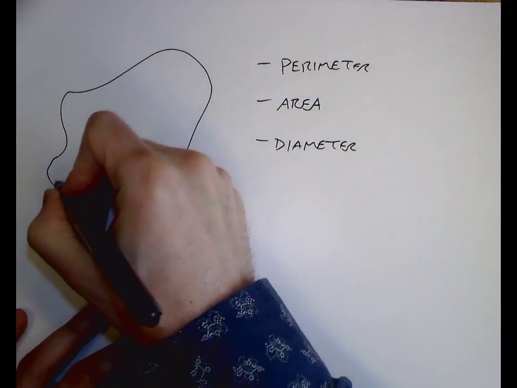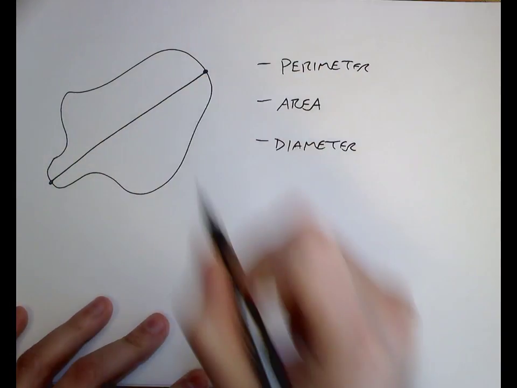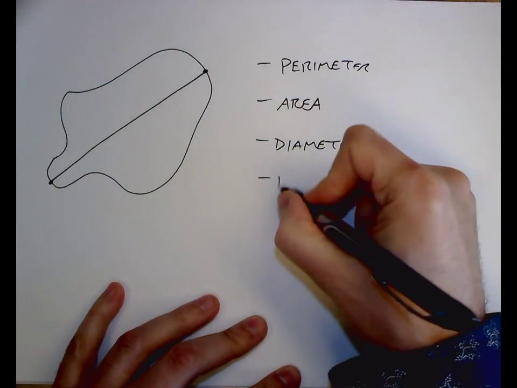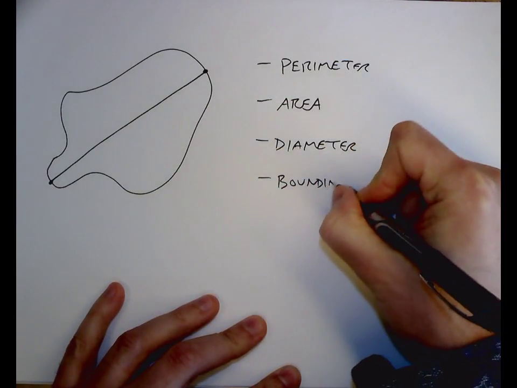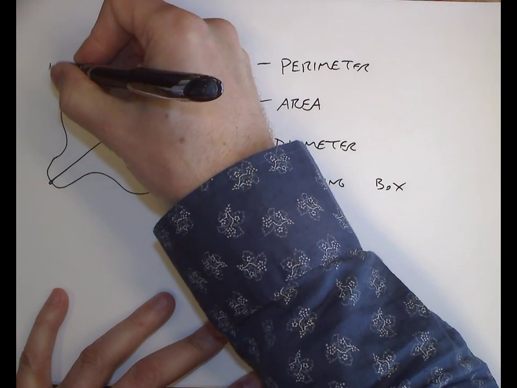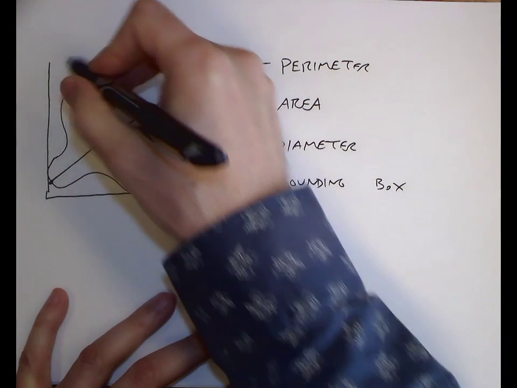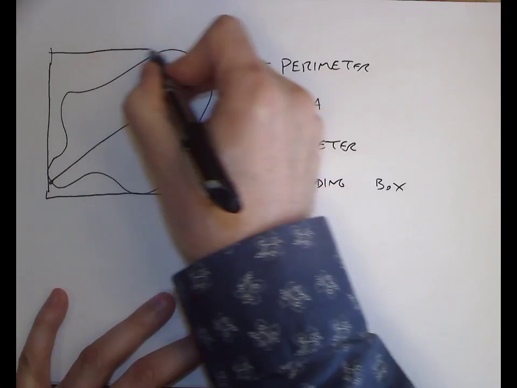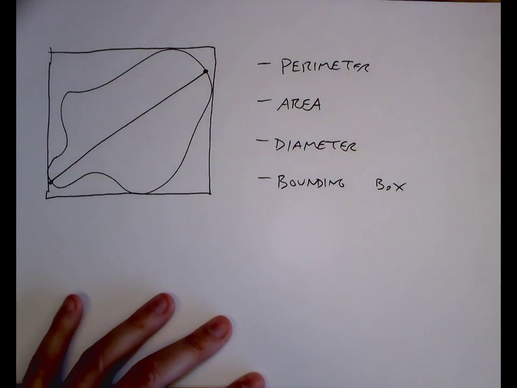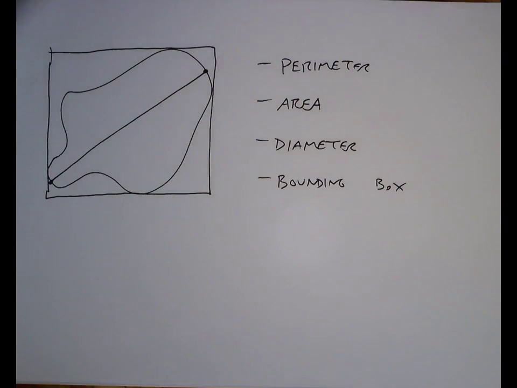So the diameter would be basically the longest path between two points that are on the boundary. And then there's what I would call the bounding box of the blob. So the bounding box is basically going to be an axis-aligned rectangle that tightly encloses the thing that we found, something like this. Okay, so that all is probably familiar to you.